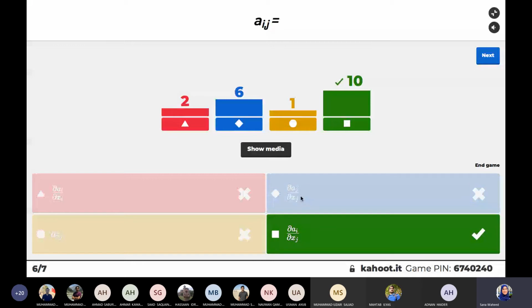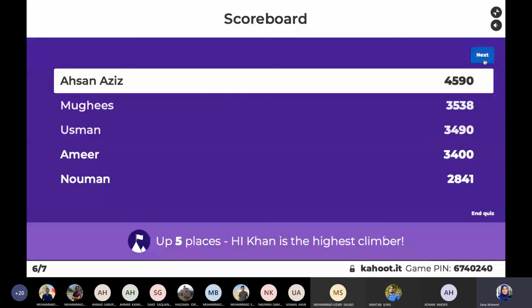So please notice the red and the blue options were basically the same because they had a dummy index. It was a repeat index j, del A_j divided by del x_j. So it was actually the green one. So del A_i with respect to del x_j. That's what the comma represents, right? So vast majority got it right. Last question, and then we'll see what happens to the podium.